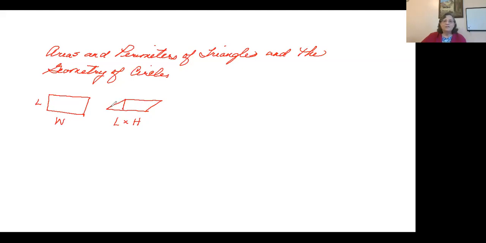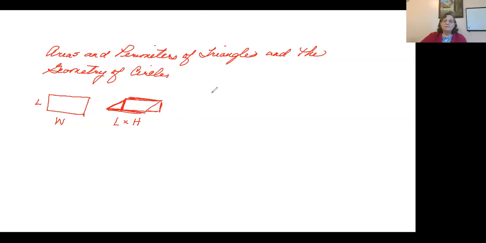Because I could take this triangle right here off, attach it here, and it would therefore become a rectangle whose width was this height and whose length was the same as the length of the original parallelogram.